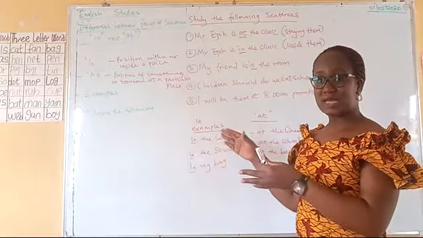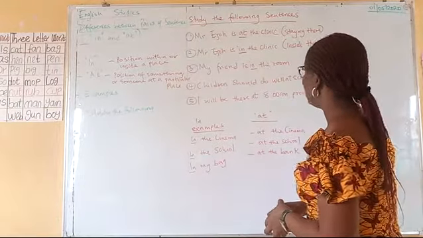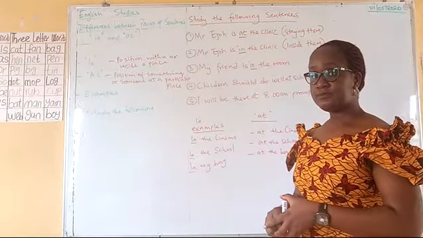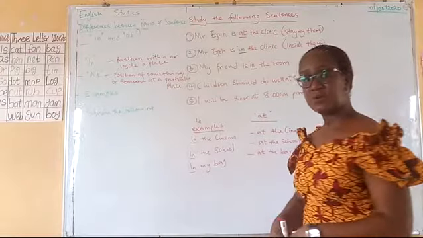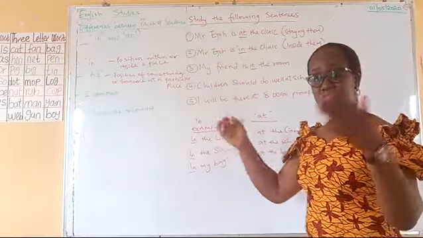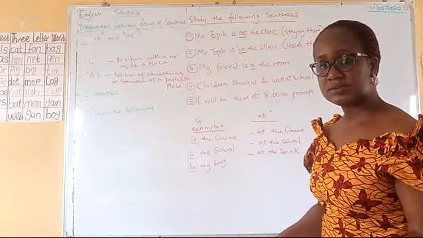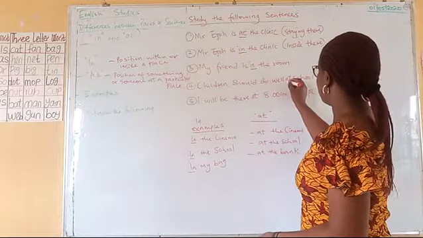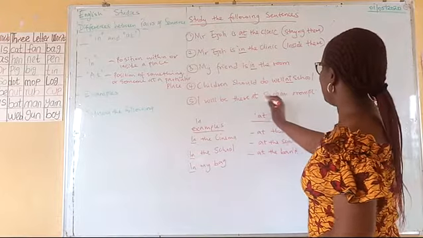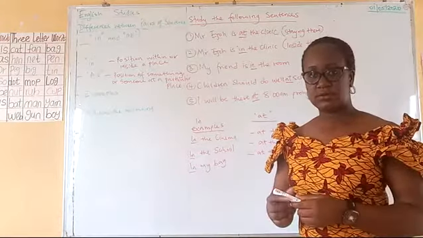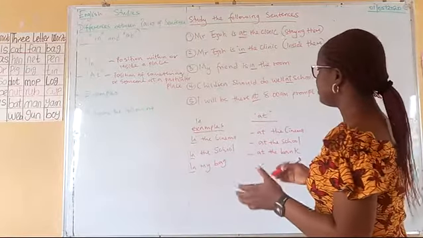Now we have: children should do well at the school. We are not saying whether the children are within or inside the school. The children are in the school, and while at the school, they ought to do well. Here we have: I'll be there at 8 a.m. Still talking about a particular time where you will be.